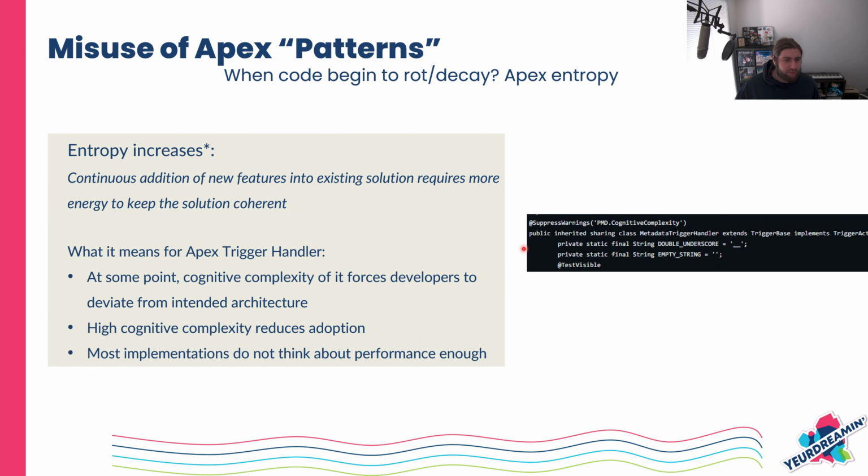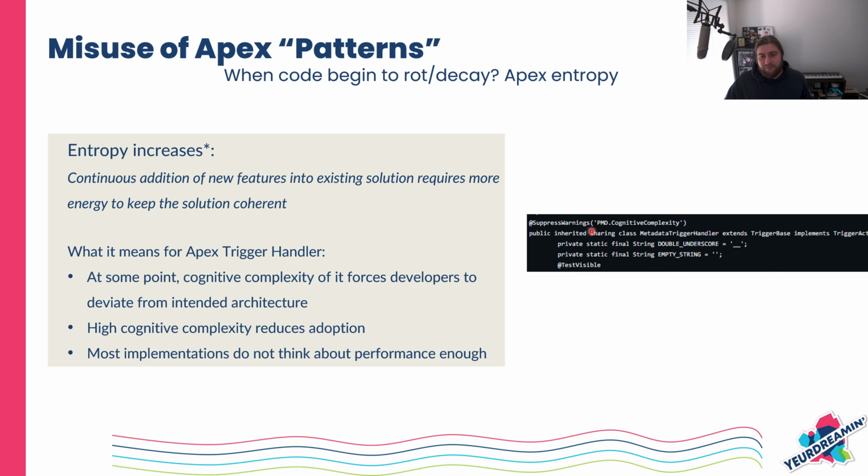Here's an example of what might cause software rot. This is actually from that very cool, once again, I'm really cool with that trigger handler implementation. It's very profound how they managed to use object-oriented programming to an extent there, and really maintain it, like with modern Apex releases, to utilize all of the features.